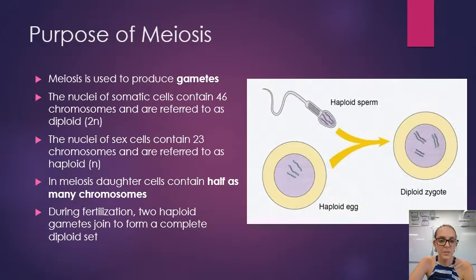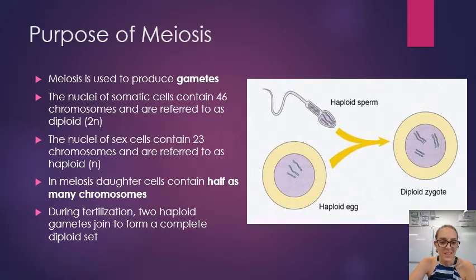So again, the purpose of meiosis is to produce gametes. That's our sex cells. The nucleus within our somatic cells, remember our body cells, have 46 chromosomes. We call them diploid, di meaning we have 2 copies, one from each parent, and you also see this denoted as 2N.